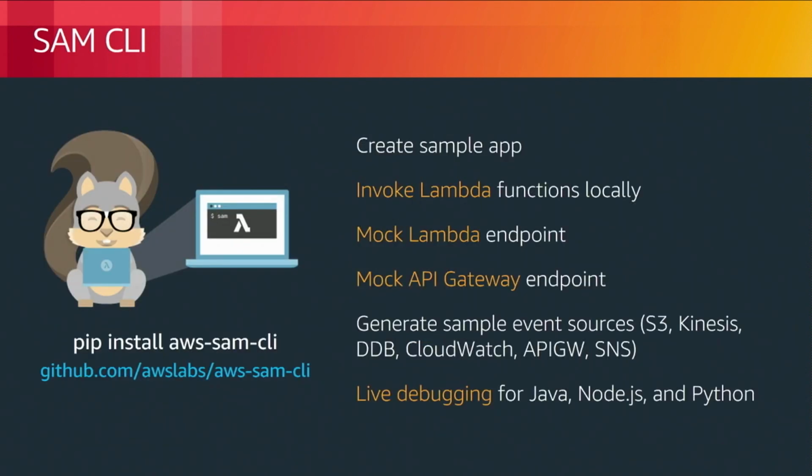Before we do the demo, let me explain a little bit about the SAM CLI. There are a bunch of things that we can do. I'm not going to talk extensively about them because we're going to do them in the second demo. But you can create a sample app, so you can get started really easily with any of the languages that Lambda supports. You can test your Lambda functions in a couple different ways, and I'm going to show you in the demo.